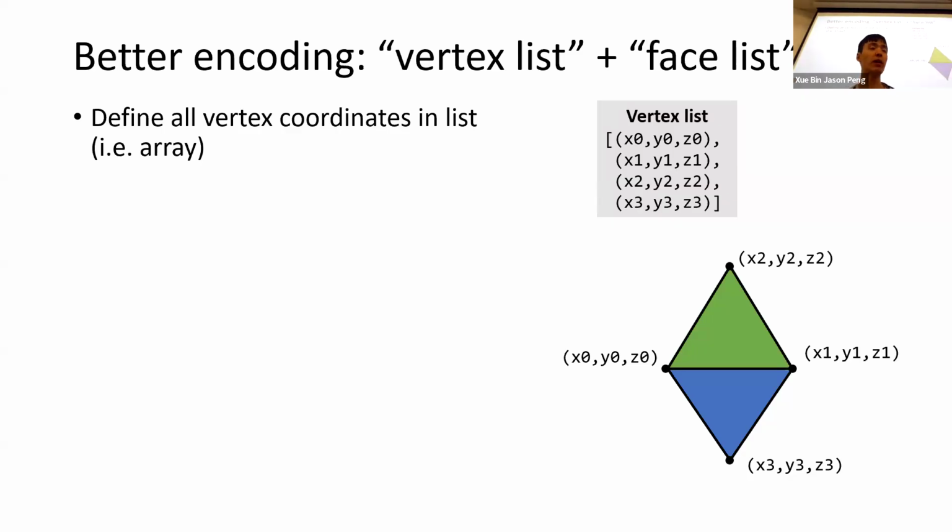So this is just one big list of points that's in our mesh. And this vertex list is going to store the positions of the vertices of the mesh, and it can also store other characteristics as well. But the key here is that every piece of information of a particular vertex will only be stored once in this big list.